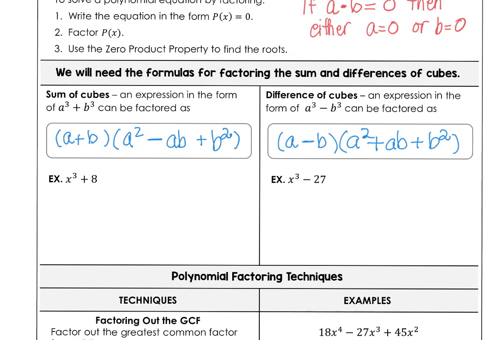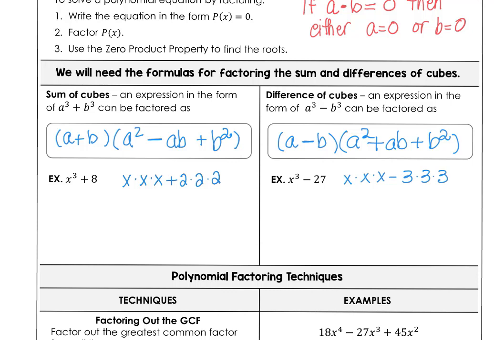Following that same kind of logic, in the first example, x cubed is x times x times x, and 8 is 2 times 2 times 2. And over here on the second example, x times x times x, and 3 times 3 times 3 would give us 27.